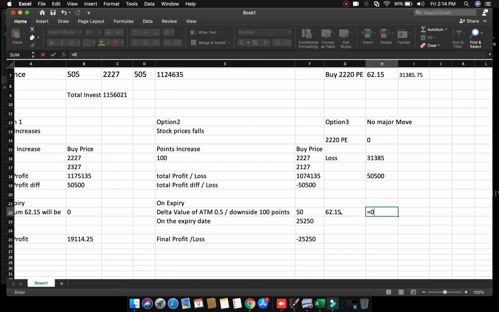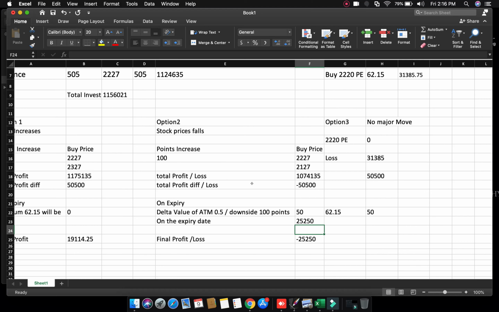So 0.5 into 100 points down gives approximately 50 rupees profit, 50 into the lot size 505, which becomes 25,250.